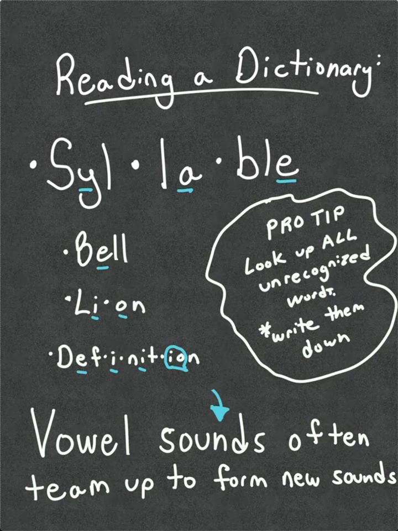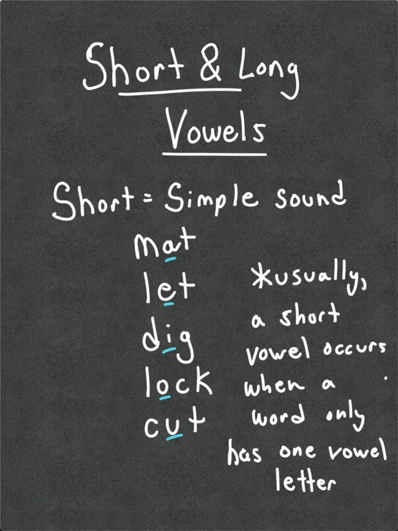Now, I'm going to quickly talk about different kinds of vowels in regards to short and long vowels. Short vowels, yes, you do kind of touch upon them, but it doesn't mean that you're just pronouncing them a short amount of time. Short in this sense more or less means simple.